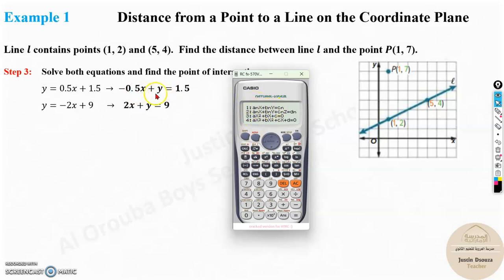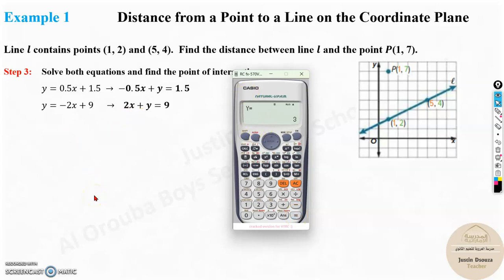See, this is the standard form, right? Equation 1: now put in all the coefficients, -0.5, the coefficient of y is 1, and 1.5. And over here we have 2, 1 and 9. That is it. Now what do we do? Press equal to. The x value is 3, y value is 3.